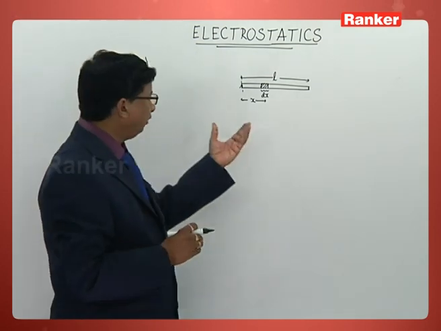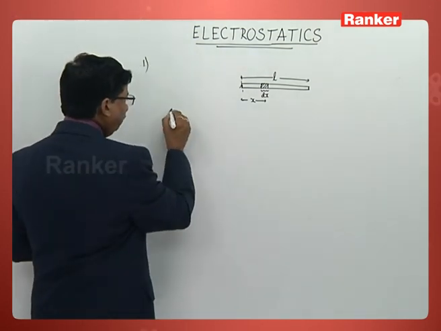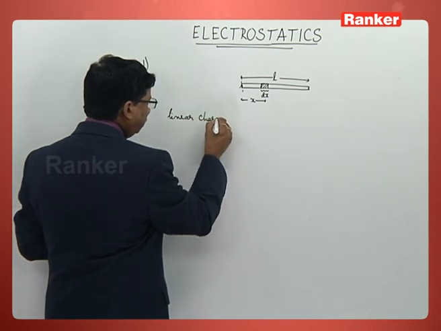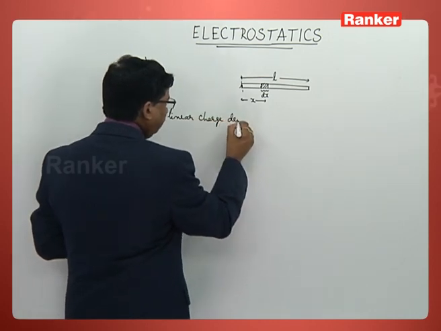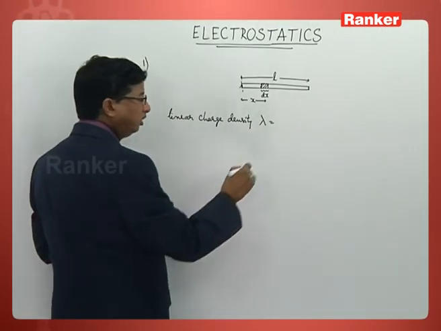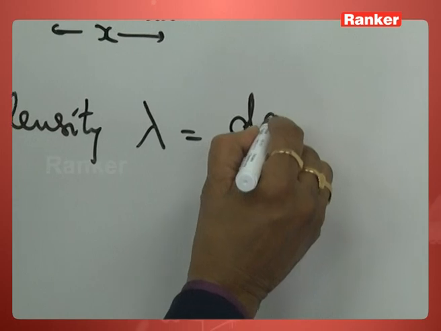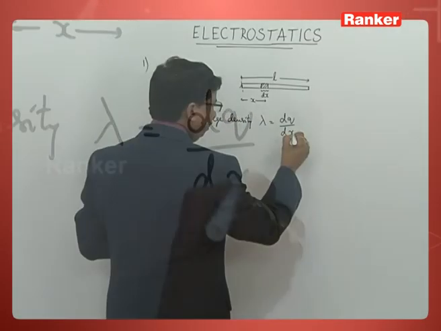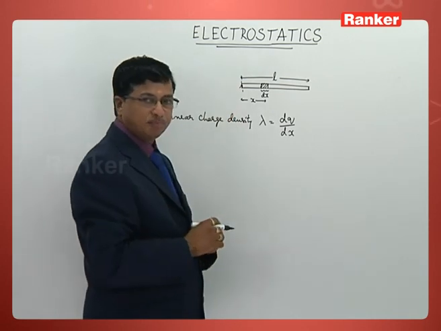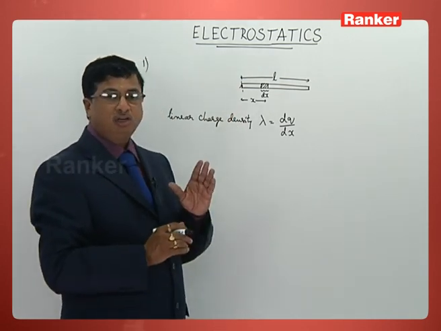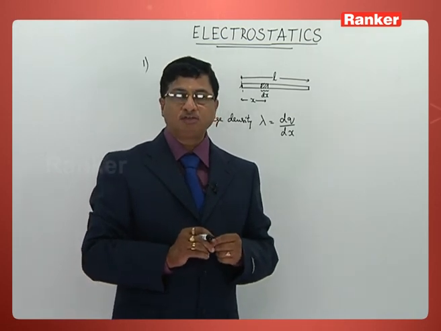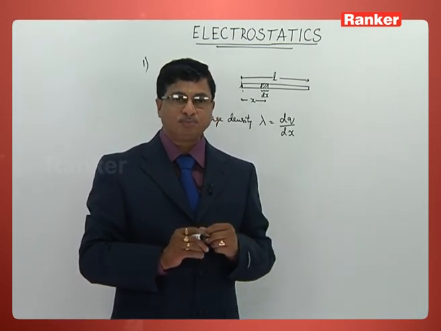So let us first consider what is linear charge density. Linear charge density, of course, is lambda. We write dq by dx as far as this element is concerned. Charge per unit length, that is what we officially call linear charge density.